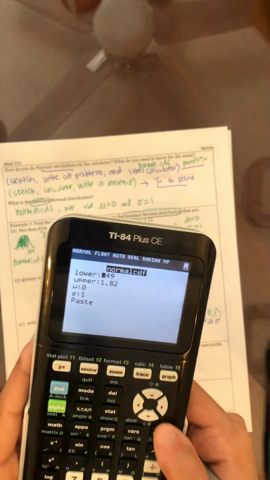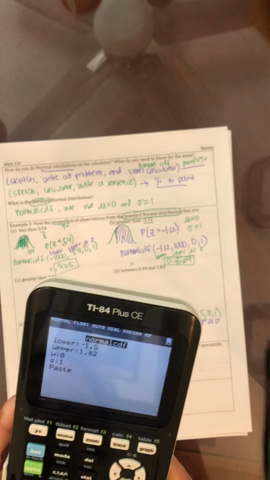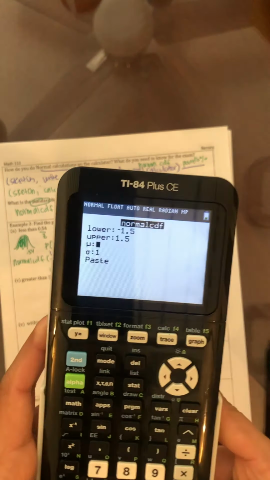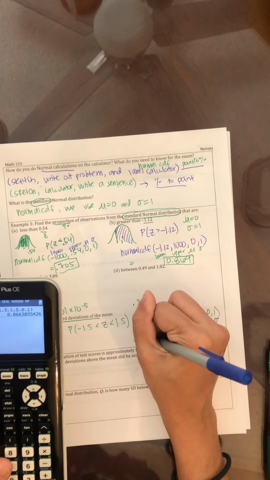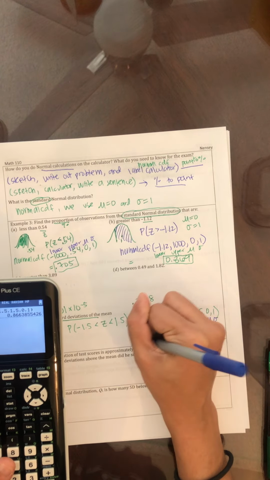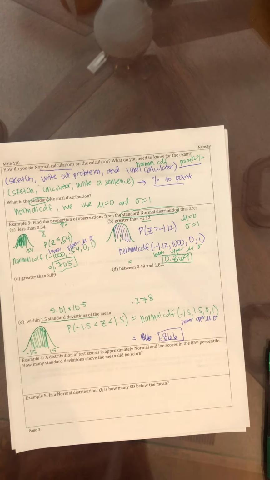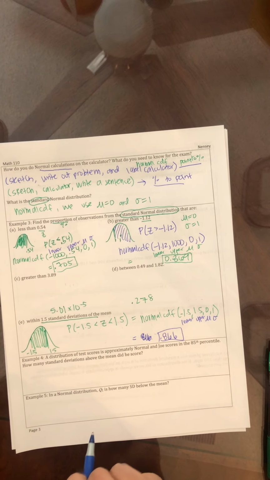So I'm typing in negative 1.5 to 1.5 and then 0 and 1. I got 0.86. I'm going to convert that to a percentage. And that's it. Okay, so let's go ahead and try out example 4 and example 5.